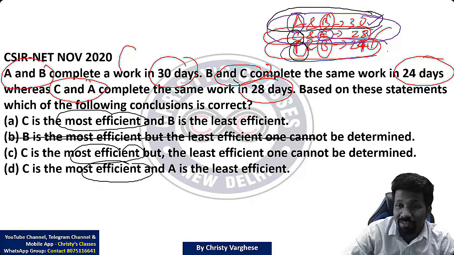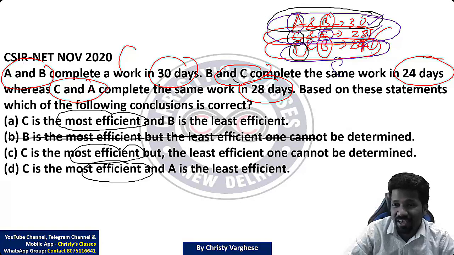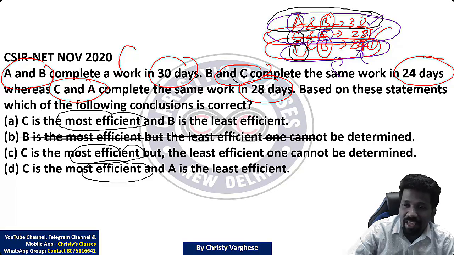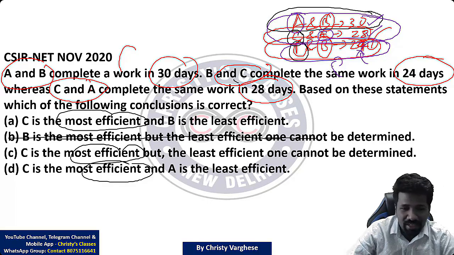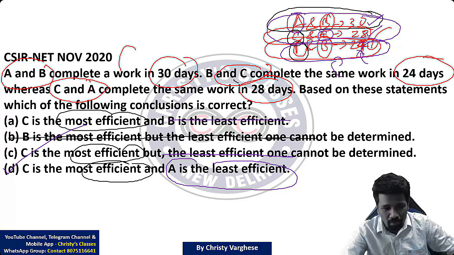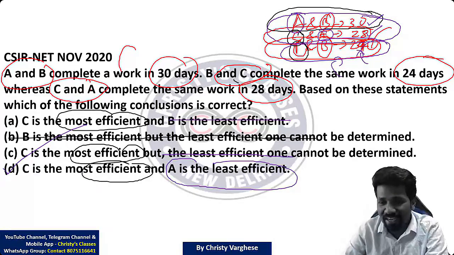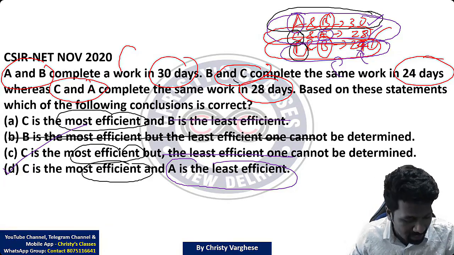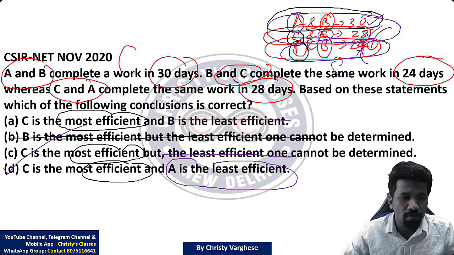And where all A is not present, ये देखिए C and B वाला ग्रुप में A present नहीं है, वो टीम फास्ट पिज्जा खा रहा है. मतलब A का presence is the reason for the speed to be less, or the least efficient person A होना चाहिए. बाकी options गलत है. So option D is the answer. Most efficient and least efficient. That is the logical way to solve it, and this is why the question is asked like this. Is it clear to all of you? Please respond.